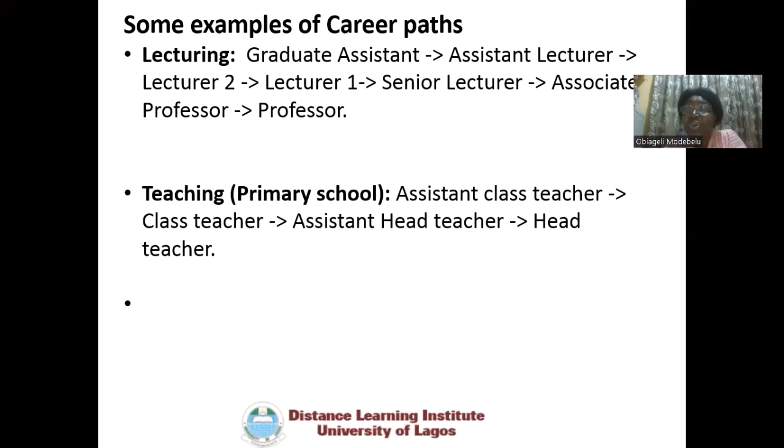For example, somebody that wants to be in the medical profession may start first as a nurse assistant and later become a nurse. And then decide that I don't want to be a nurse again. He will go further, study more and become a medical doctor and may retire as a surgeon.